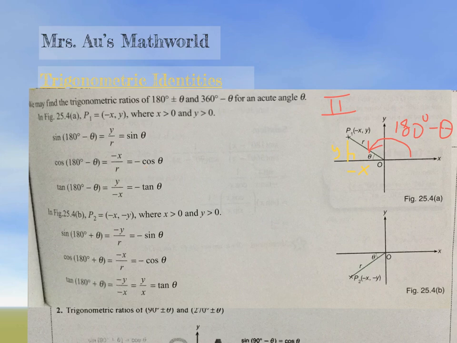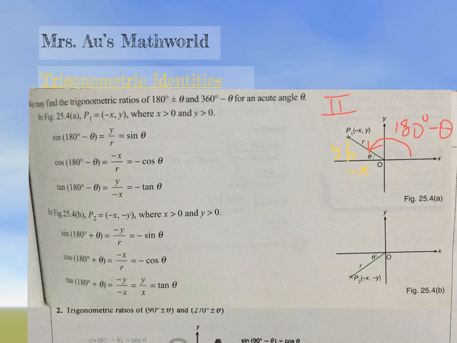Lastly, we calculate the value of tangent of 180 degrees minus theta. We refer to this triangle again, and we get the value to be negative, the same as tangent theta in magnitude, because y over x means tangent.